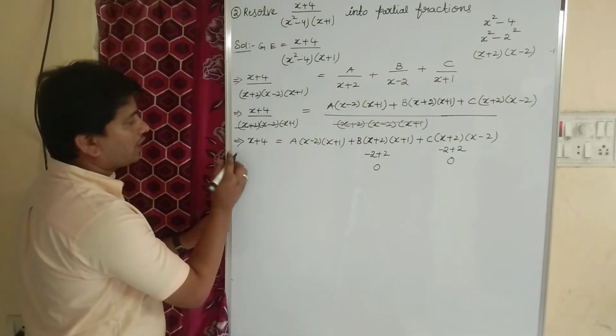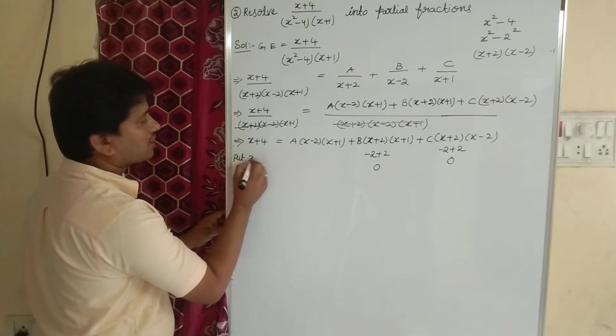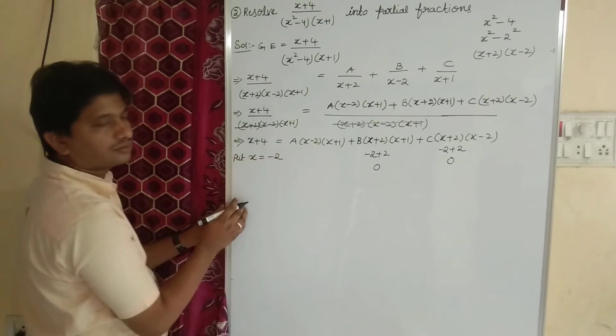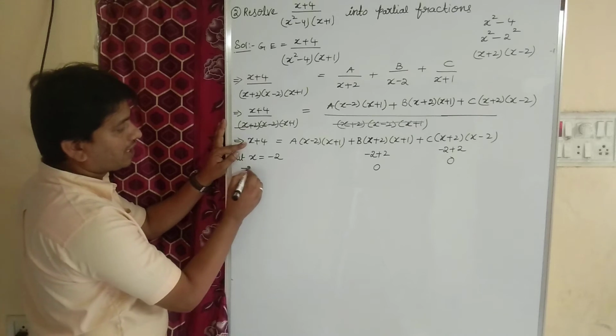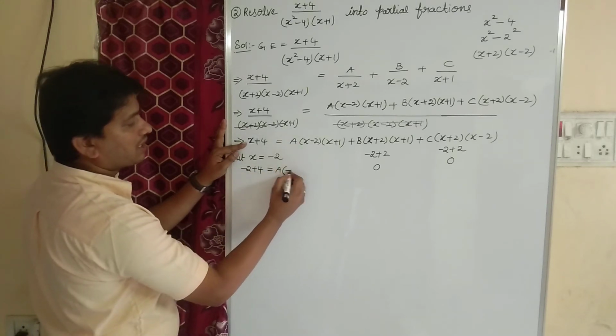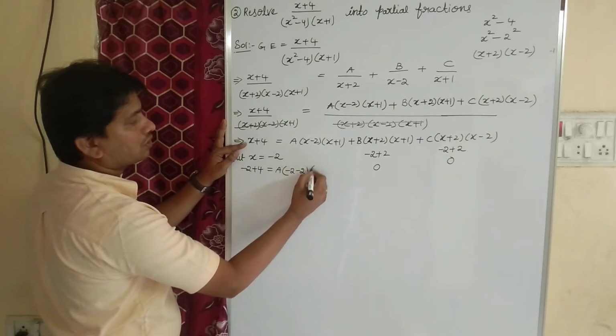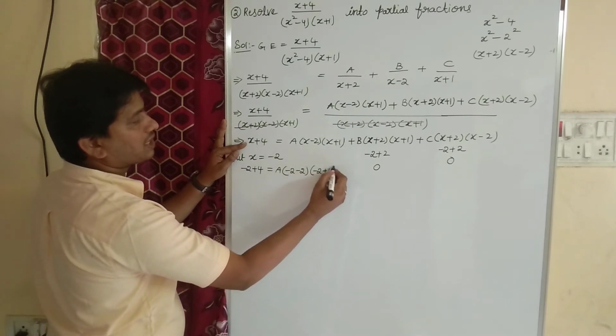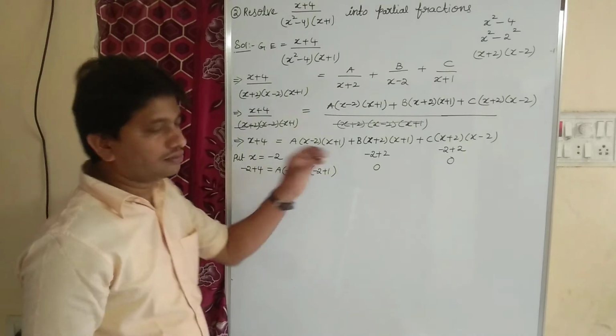So children, I want to put minus 2 in the place of x. So minus 2 plus 4 equal to a into, in the place of x minus 2, minus 2 plus 1. Children, did you understand?